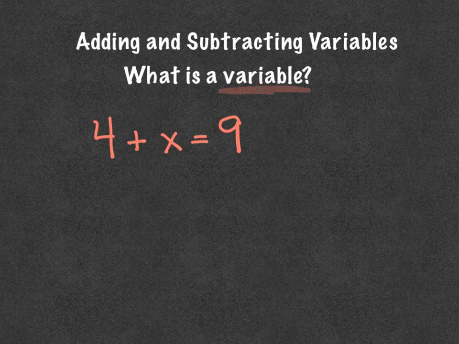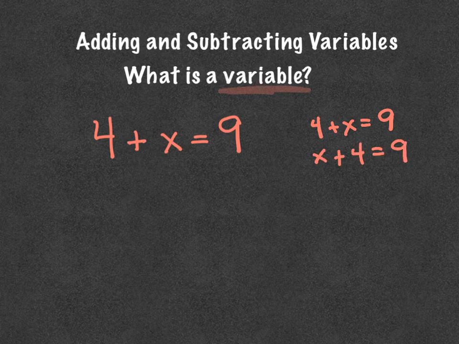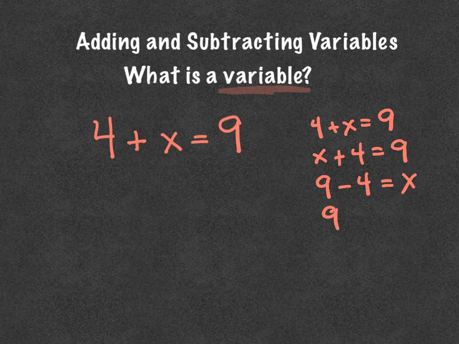So one way, if we're talking about fact families, we could write something like this. 4 plus x equals 9, or x plus 4 equals 9, right? That's part of our fact family. We could also say 9 minus 4 equals x, or 9 minus x equals 4.